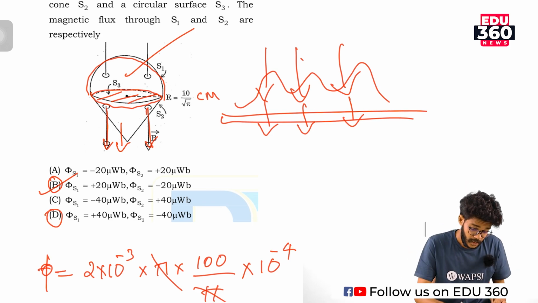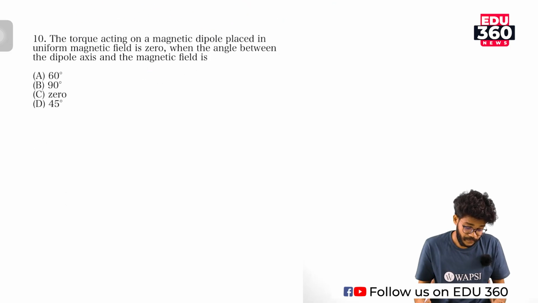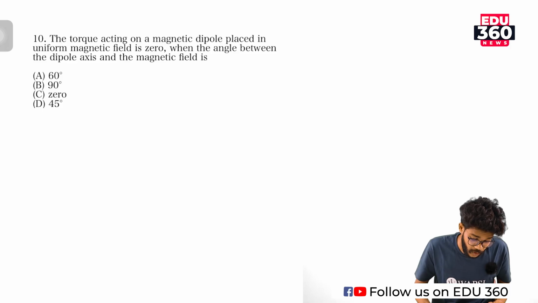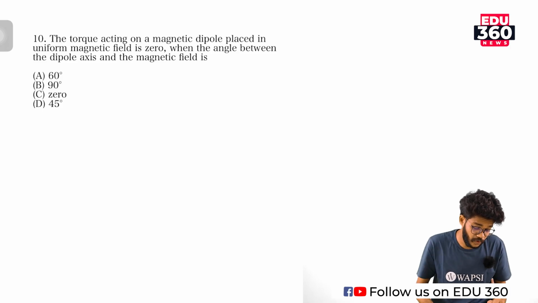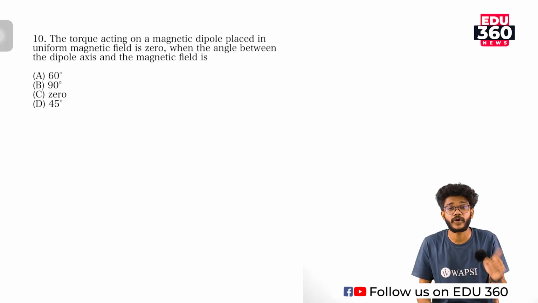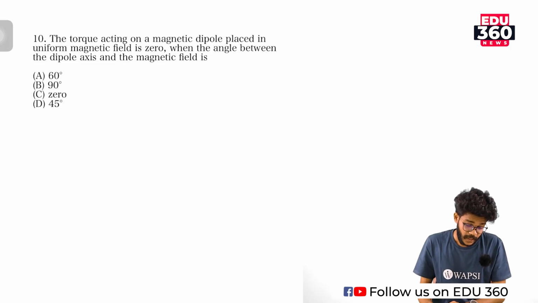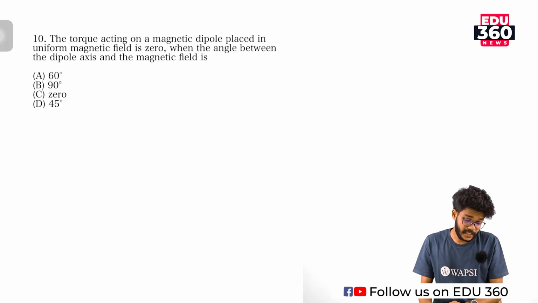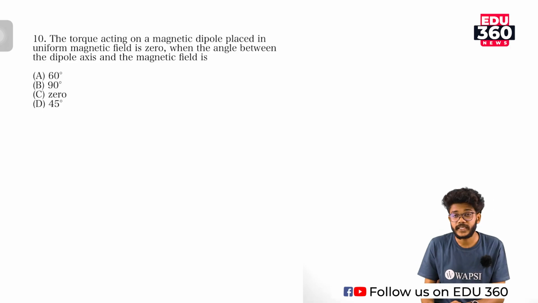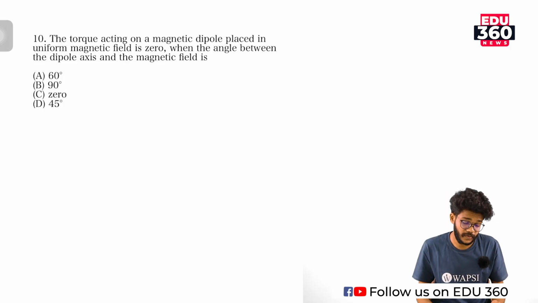Okay, so we can move to the 10th question. The torque acting on a magnetic dipole placed in a uniform magnetic field is 0. So the torque is 0. When is the angle between the dipole axis and the magnetic field what? What is the equation for the torque acting on a magnetic dipole?